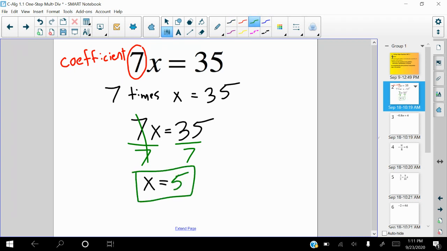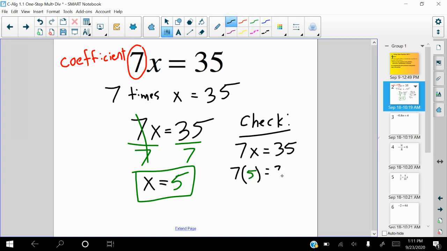And just like any other equation, we need to check our work. So let's do that now. So we start out with our OG, 7x is equal to 35. We're going to substitute in the value of our x here. And I'm going to use parentheses because we're multiplying. 7(5) is equal to 35.